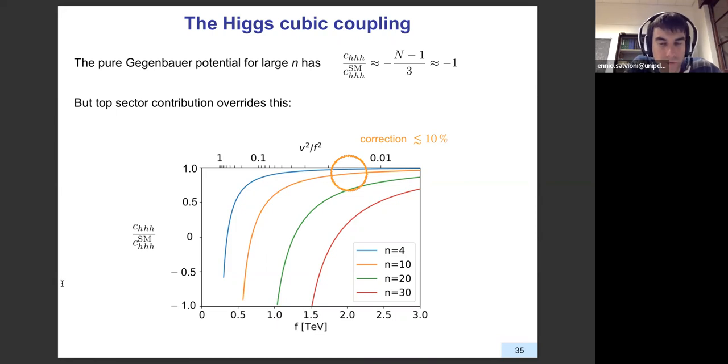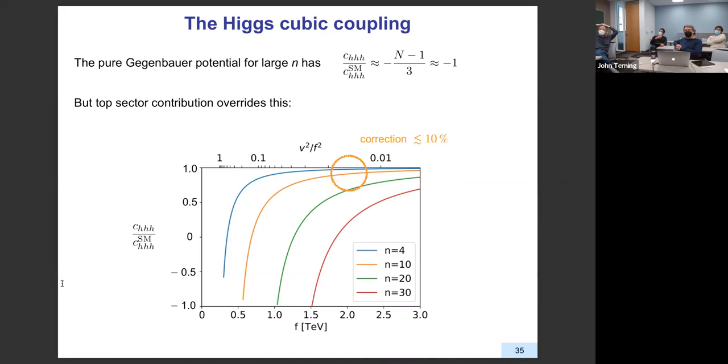You mean loop correction from the top sector? Yeah, because I would have thought that if you just had some model that you could tune to the standard model, then at tree level, when you make F large, you should asymptote to the standard model, right? All predictions should asymptote to the standard model. But you're telling me that it's loop corrections that are doing this, and I'm thinking, why should loop corrections get you within 10% of the standard model? That seems weird.